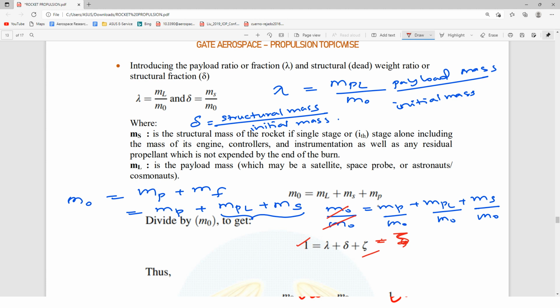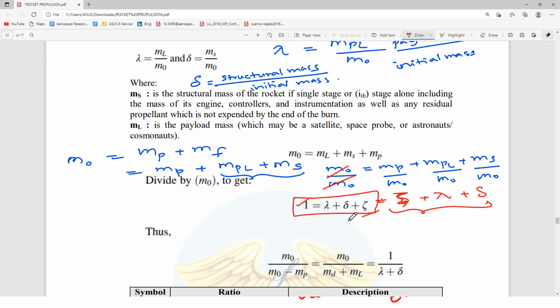Then we have mpl by m naught, your payload mass by initial mass, which is denoted by lambda. Then we have the structural mass by the total weight, known as delta. So the sum of all those fractions should equal 1. There are some numericals where you need to remember this formula.